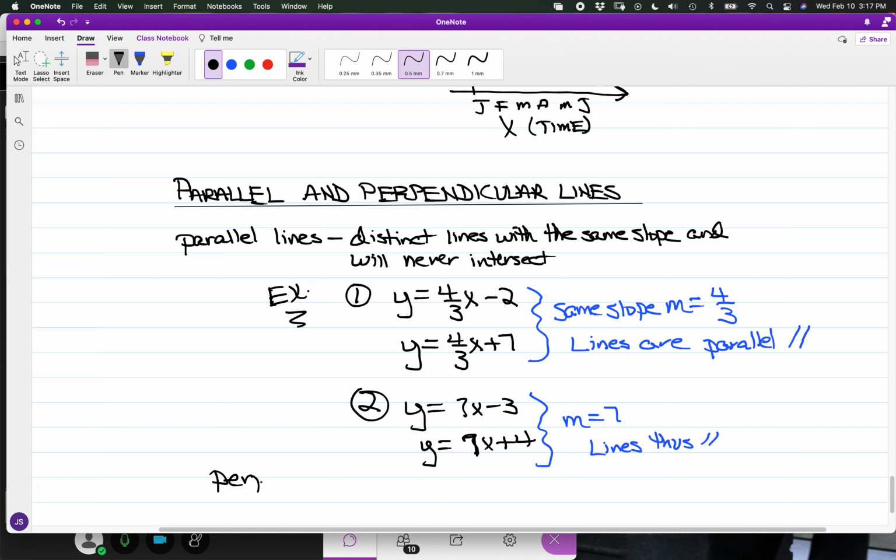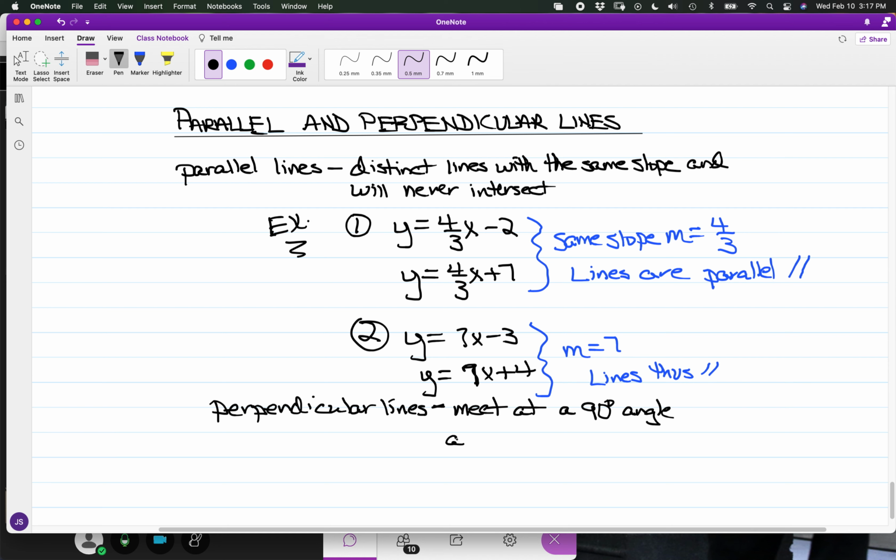And just squeezing out the rest, in the case you have with perpendicular lines, they meet at a 90-degree angle, and their slopes will be opposite sign reciprocals.